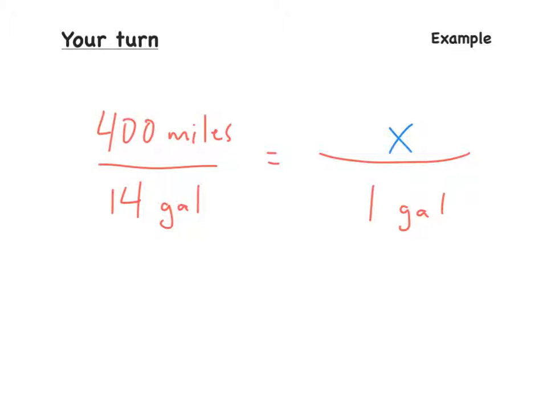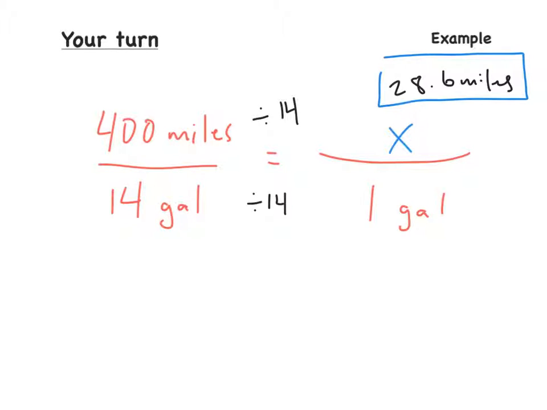So what is 400 divided by 14? That is equal to 28.6 miles. So if we divide it by 14 on the denominator to get to 1 gallon, we have to divide by 14 in the numerator as well. So our answer is 28.6 miles.